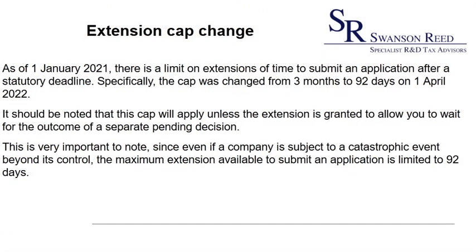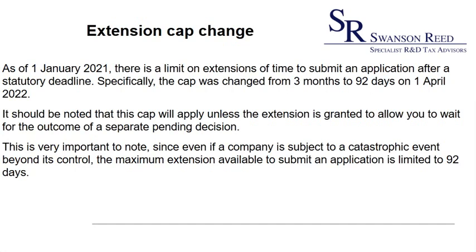Recently, a cap on the amount of time able to be granted as an extension has come into effect. As of the 1st of January 2021, there is a limit on extensions of time to submit an application after a statutory deadline. Specifically, the cap was changed from 3 months to 92 days on the 1st of April 2022.